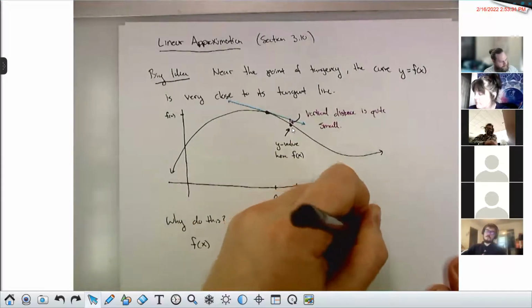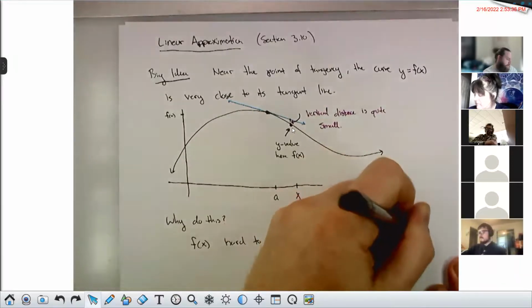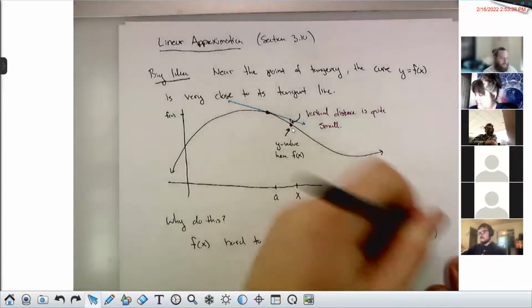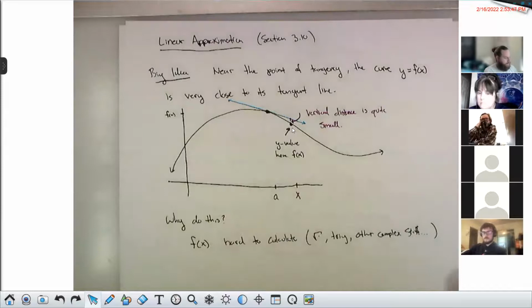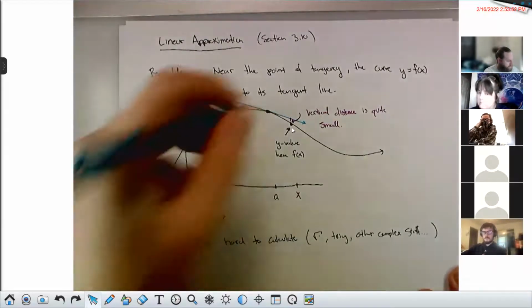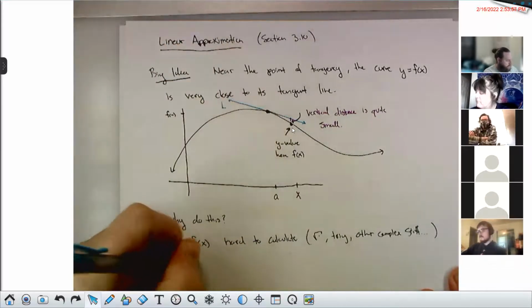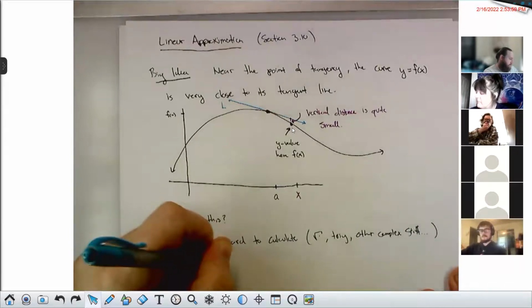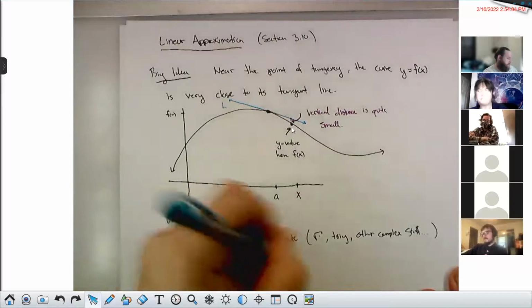You can imagine other stuff. Like, what is the sine of 1.5? I don't have a clue, right? But if I call that blue function L, then L of x will always be easy to calculate.